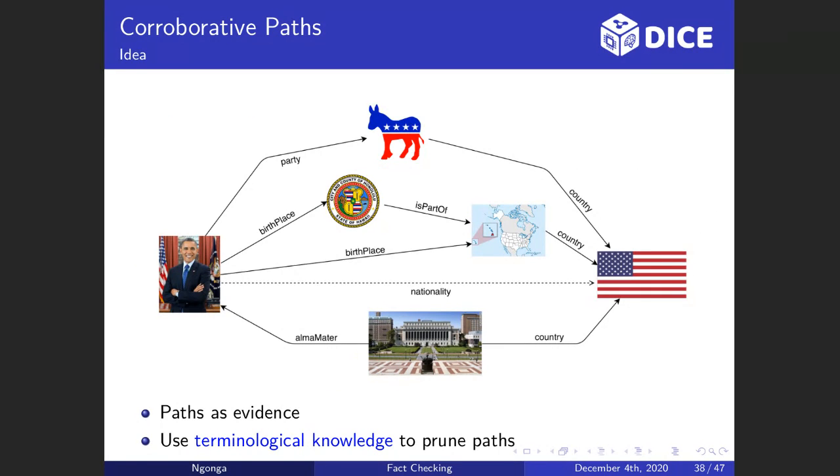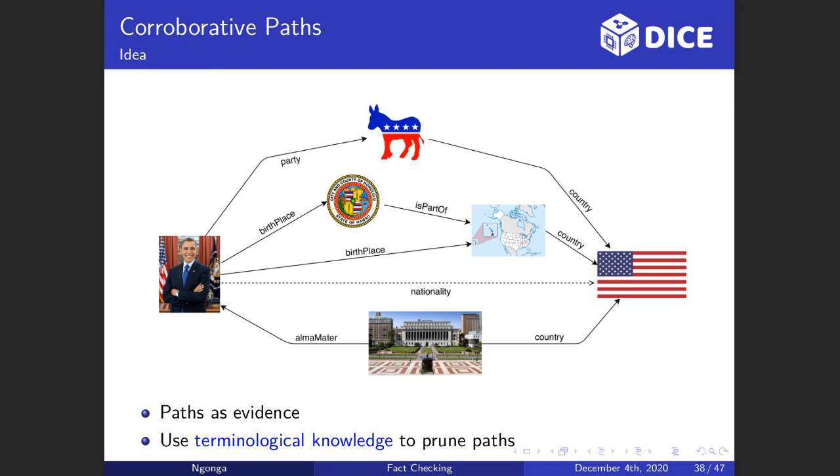The approach on corroborative paths, which is an approach from, I think, last year, 2019, when we published that paper, actually goes a step further and basically says that the evidence for, let me clean this up, the evidence here for questions such as is the nationality of Barack Obama US American will consist of a bunch of parts, and we want to use terminological knowledge to prove parts.